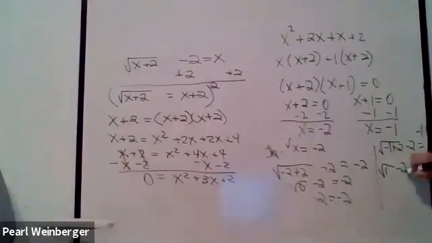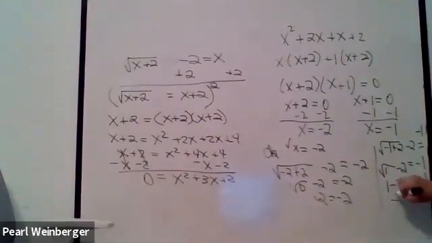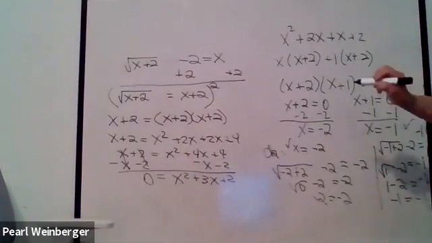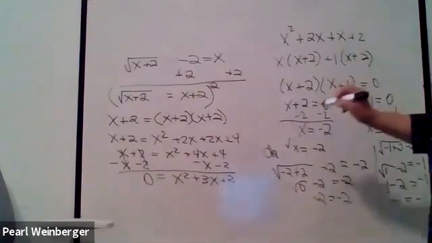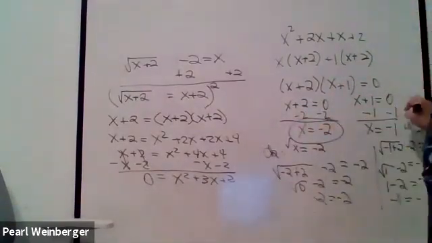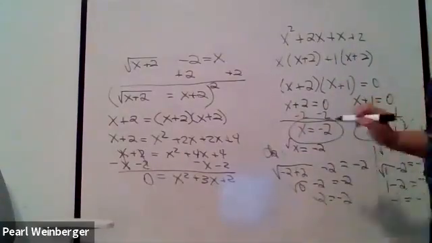So I get the square root of 1 minus 2 equals -1. And actually, the square root of 1 is 1. So 1 minus 2 equals -1. That also checks. Both answers check. So in this case, there were two answers to the question, -2 and -1.